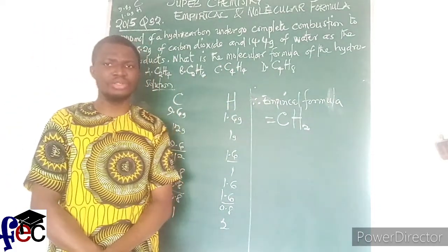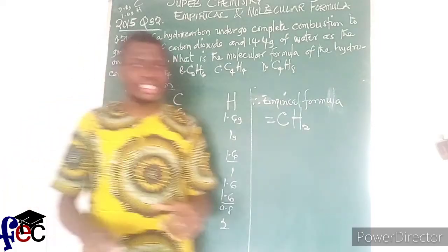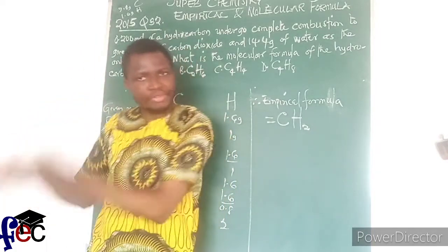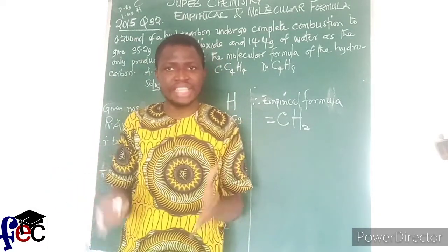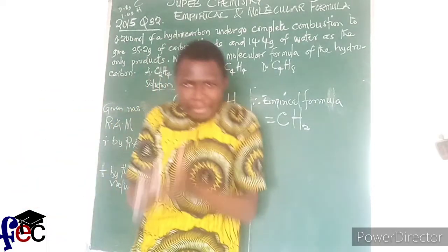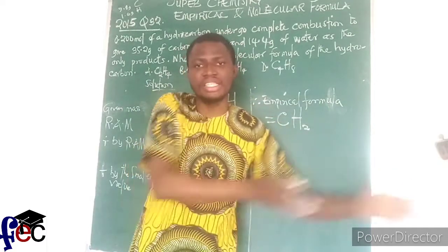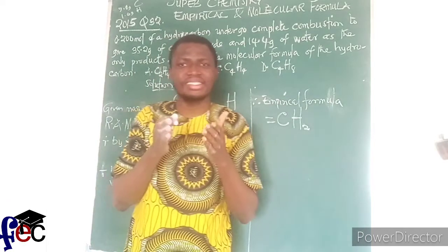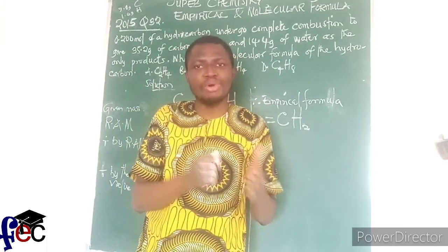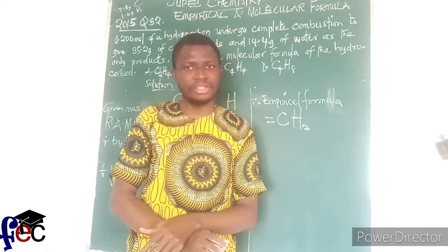How do we now get the molecular formula? Don't forget I said that for us to get molecular formula, we need to first get empirical formula. And the relationship is that molecular formula is a multiple of empirical formula. Do you understand now?